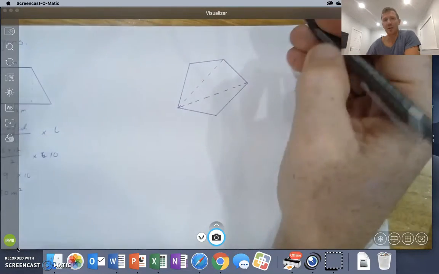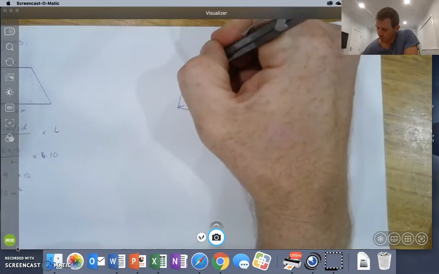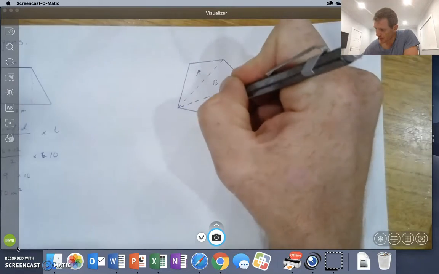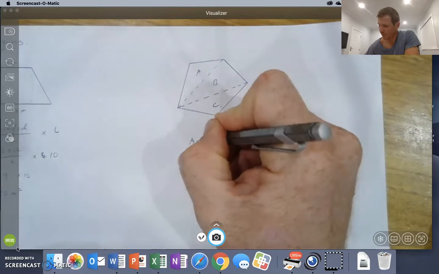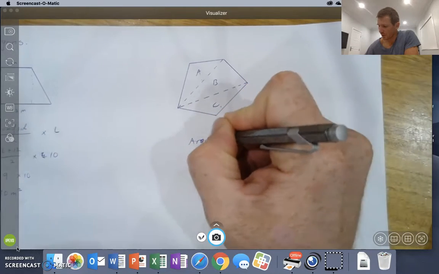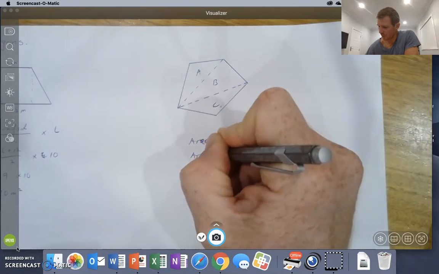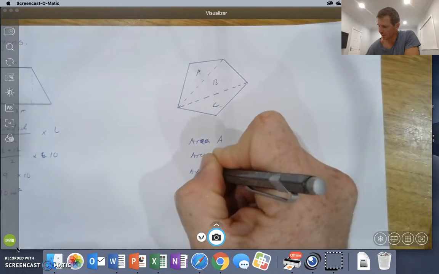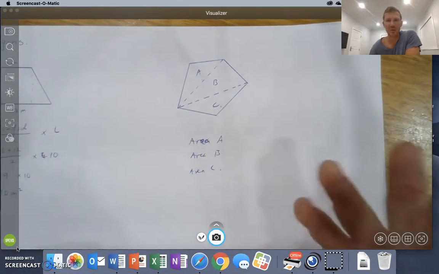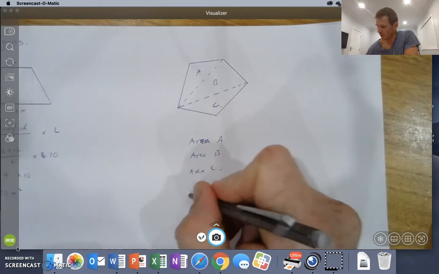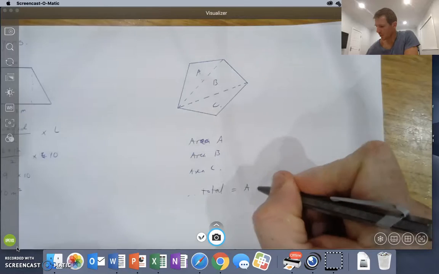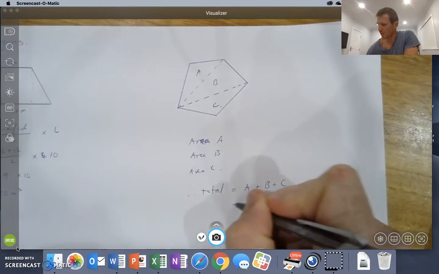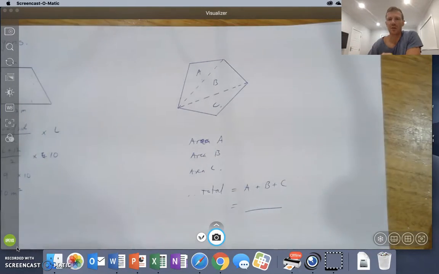So ultimately, we want to assign triangles A, B, and C and find the area of A, area B, area C, using whatever method we've got, and then total equals A plus B plus C, whatever it is.